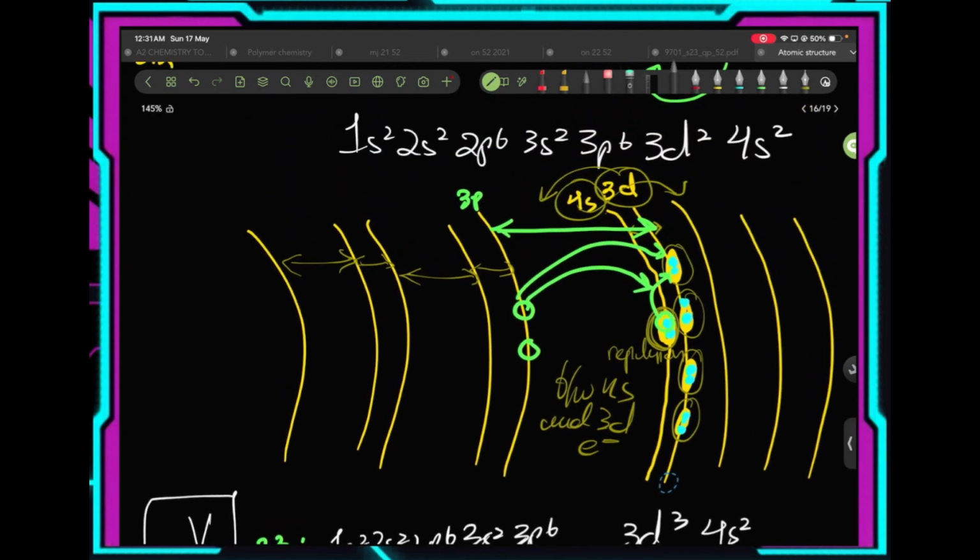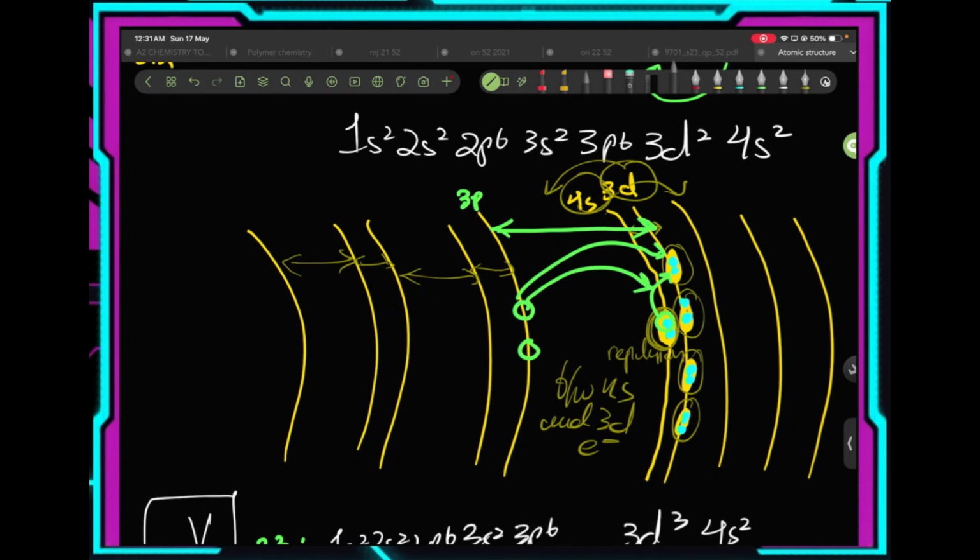Now if we end up with a partially filled 3D arrangement, then 3D could be stabilized by the excitation of one electron from a 4s orbital. Since 3D and 4s are very close to each other, they will ultimately repel each other, and then 4s will move out and 3D will come inside. That will happen every single time.